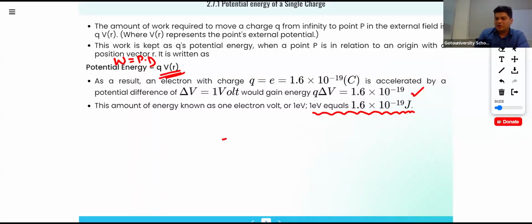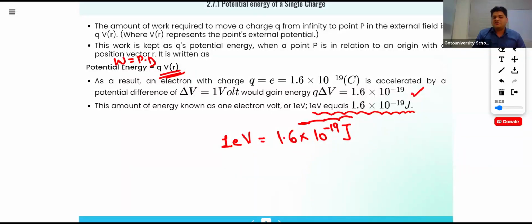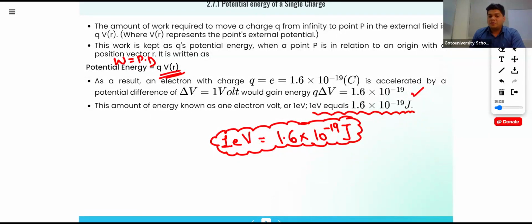This is a very important unit conversion. You will need this in your dual nature chapter. Whenever you want to convert energy from electron volt to joule, you will use this conversion factor.